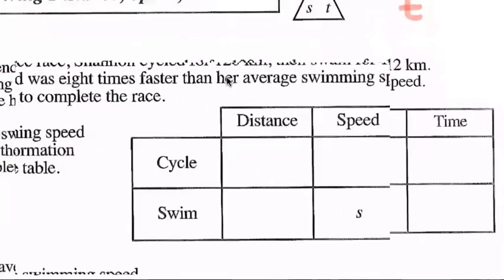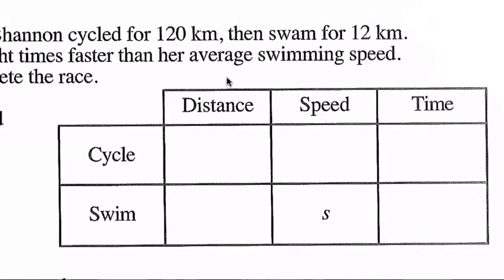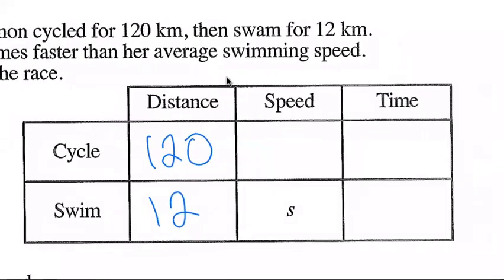So what do we know? We know that she cycled 120 kilometers. We know that she swam 12 kilometers. Her speed cycling was 8 times her speed swimming. So if we say that s is her speed for swimming, then her speed cycling would be 8s.